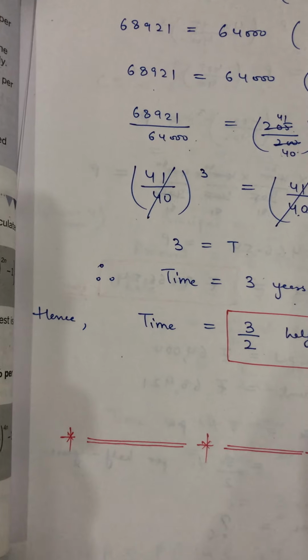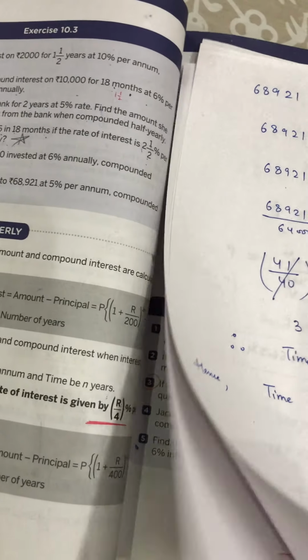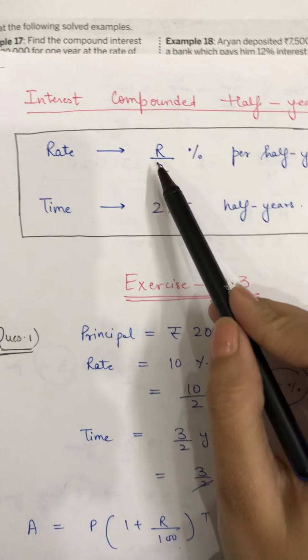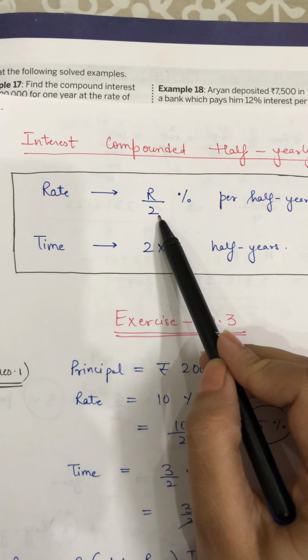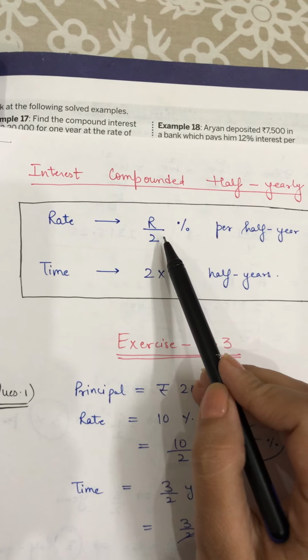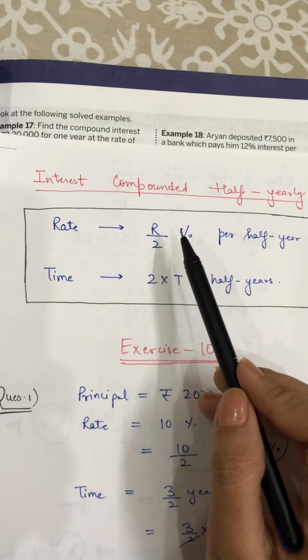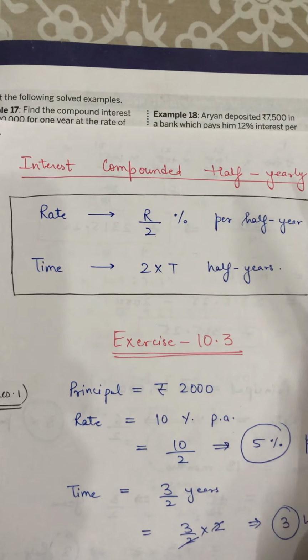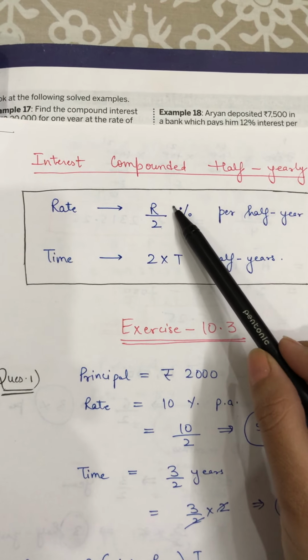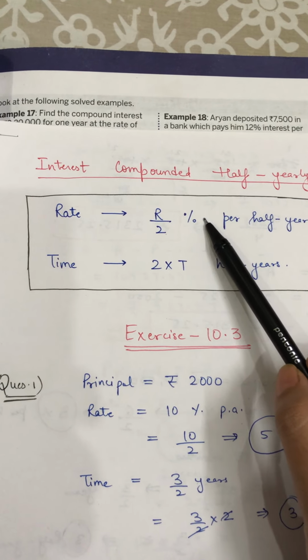Similarly in the case of rate, in the beginning we always divide the rate by 2. But when you have to find out the rate, at the last you have to multiply your rate by 2.